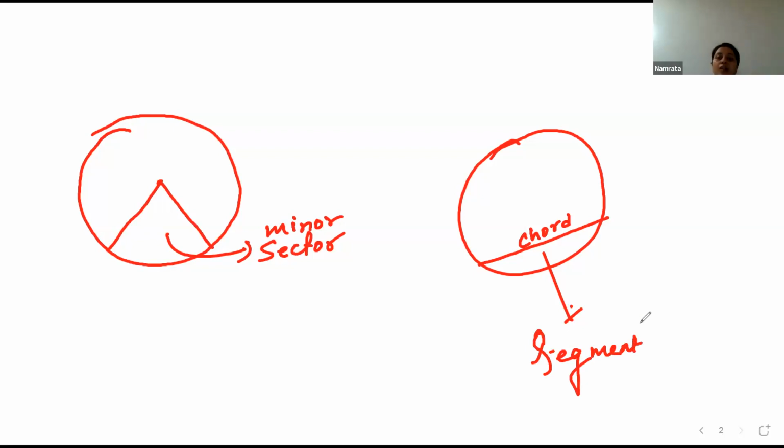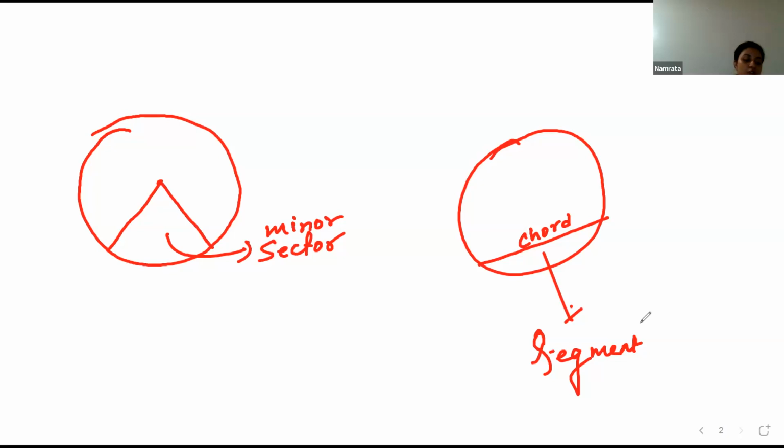The lower one is called the minor segment. So this is the difference between a sector of a circle and a segment of a circle. Please don't get confused between sector and segment. When the question says segment, that means we have a chord and whatever portion is covered, that is the segment. And sector means two radii come together to make the sector of a circle.